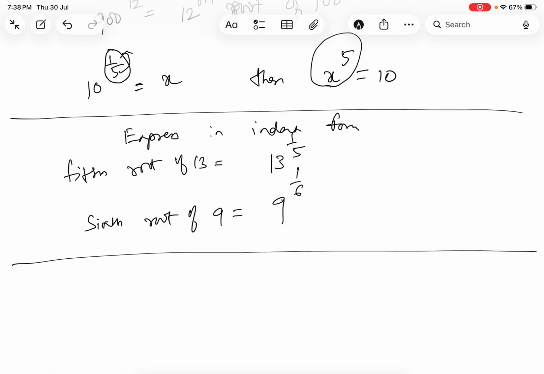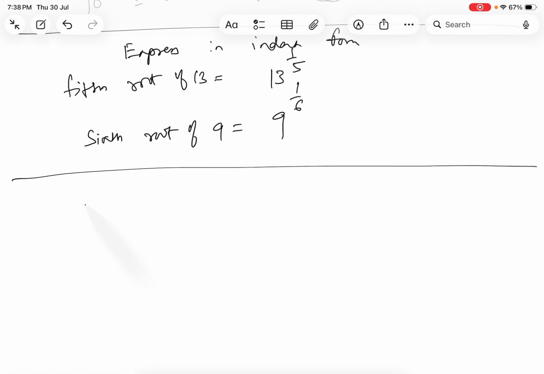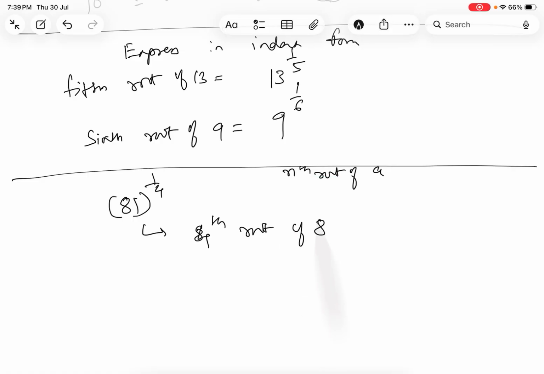Now suppose you have to write a number in the form of the nth root of a. Suppose 81 raised to 1 upon 4, and you have to write it as the nth root of a. Then you can write it as the fourth root of 81, correct?